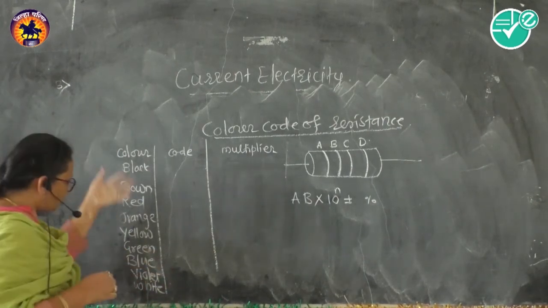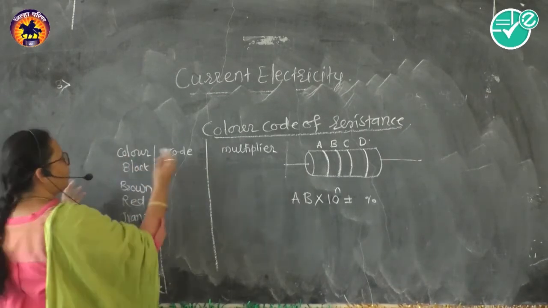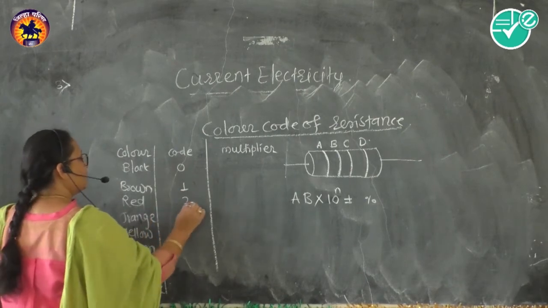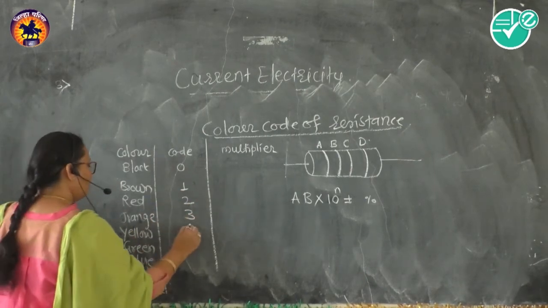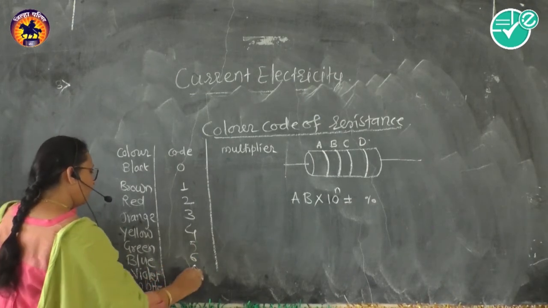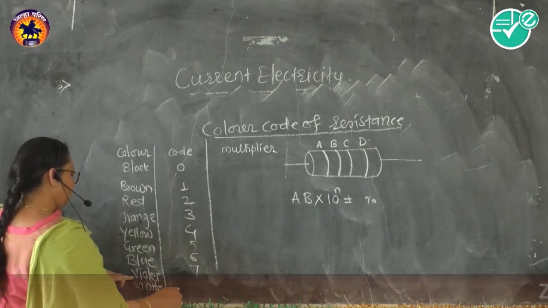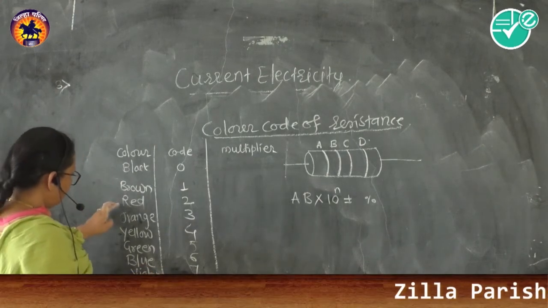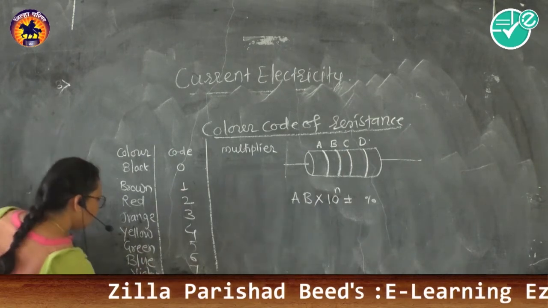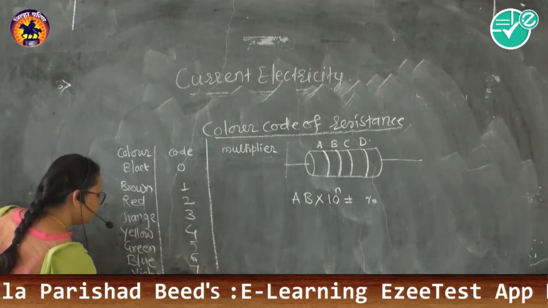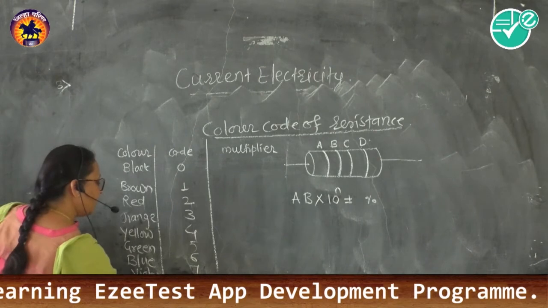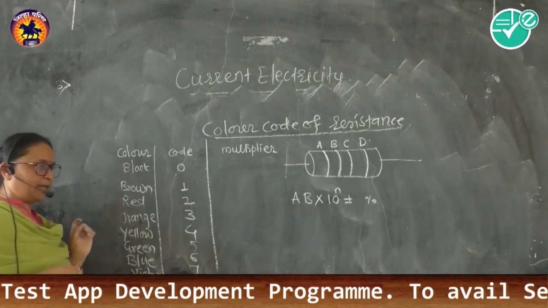So these are the sequential color codes: black is 0, brown is 1, red is 2, orange 3, yellow 4, green 5, blue 6, violet 7, grey is 8 and white 9.